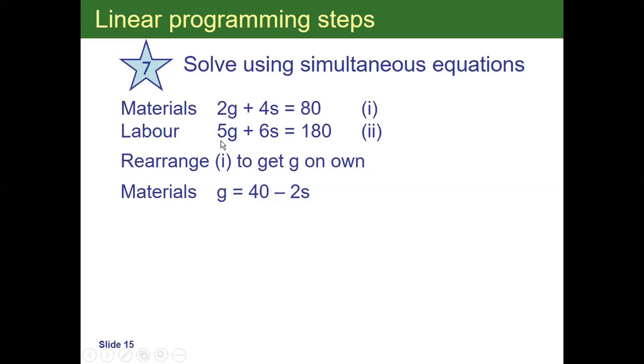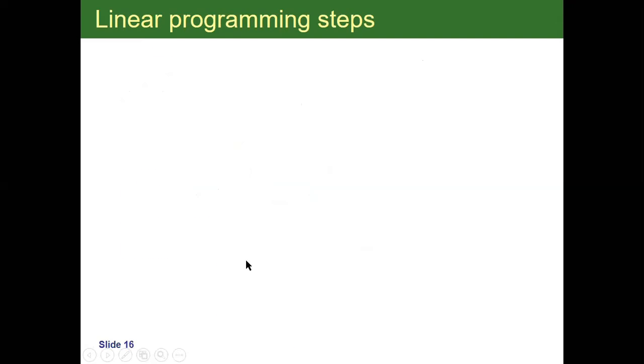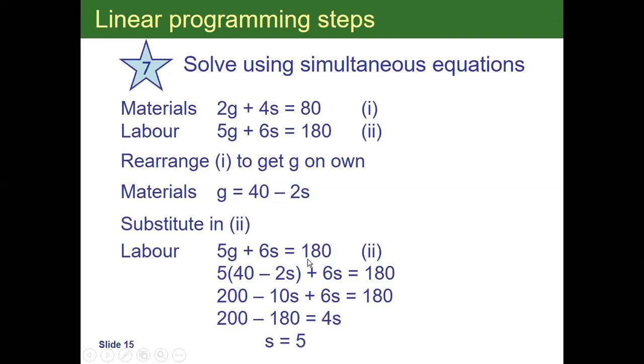And this value of G we put in the second equation, 5G plus 6S is equal to 180. So it becomes 5 into (40 minus 2S) plus 6S is equal to 180, and S is equal to 5. So you find the value of S, the number of statues.